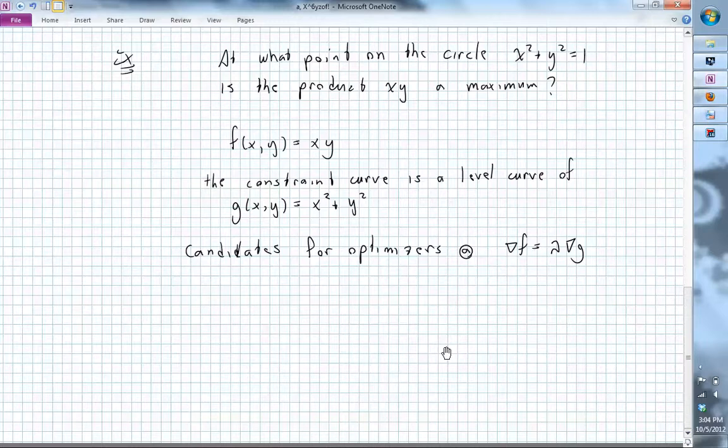What's the gradient of f? It's a vector of first partials. y comma x, good. Times lambda, equals lambda times, what's the gradient of g? 2x, 2y, good.